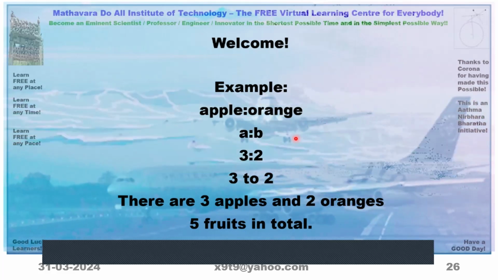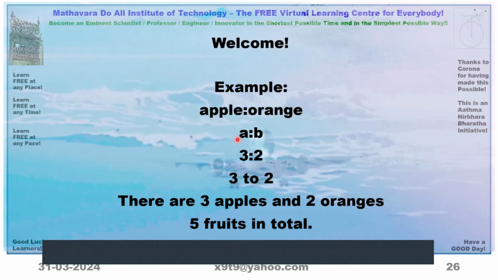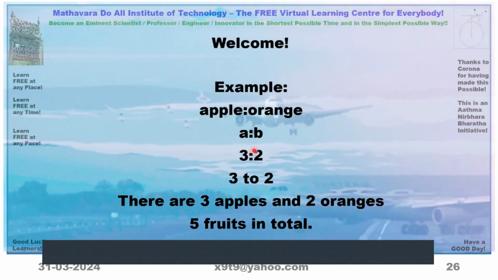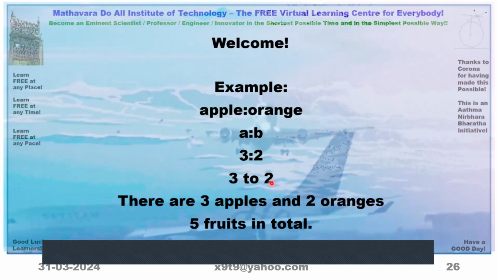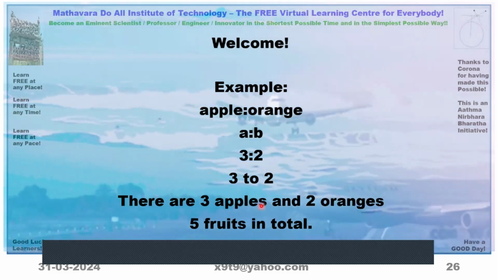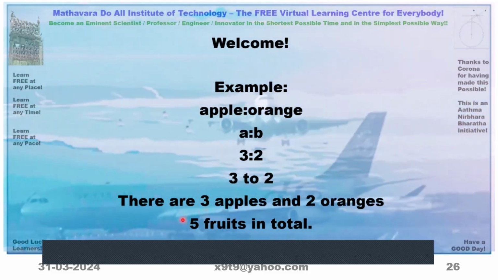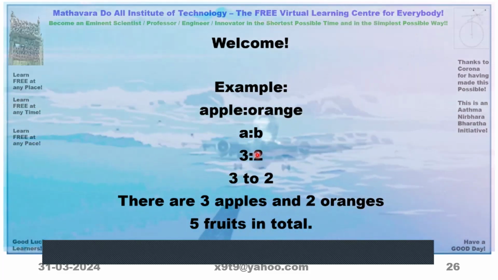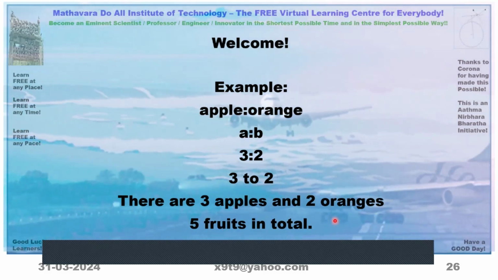Example, the apple to orange ratio can be like A to B, 3 to 2 in a particular problem, and we read it as 3 to 2. This means there are 3 apples and 2 oranges. 5 fruits are there in total, adding 2 and 3 gives 5.